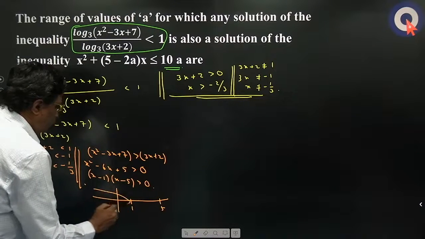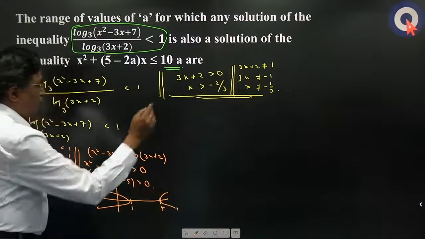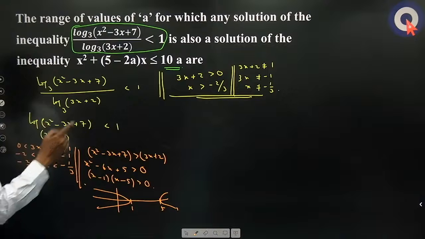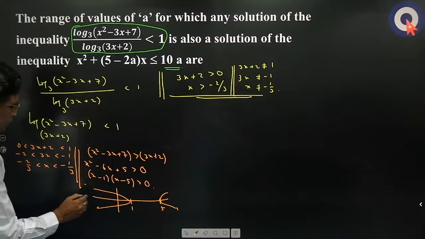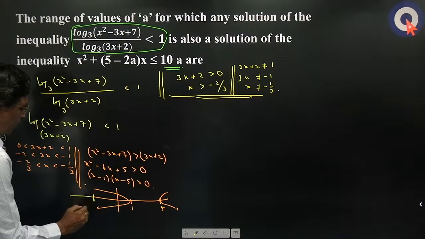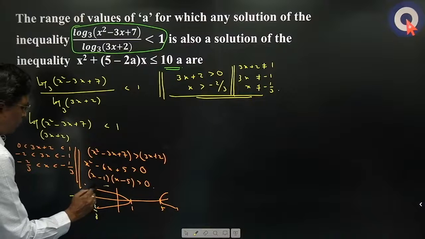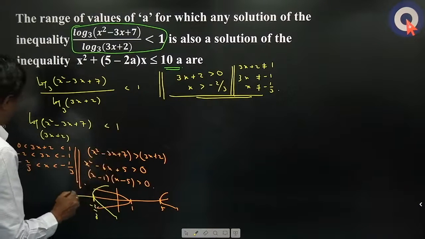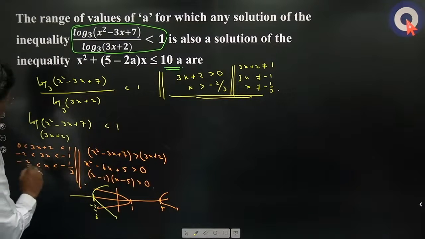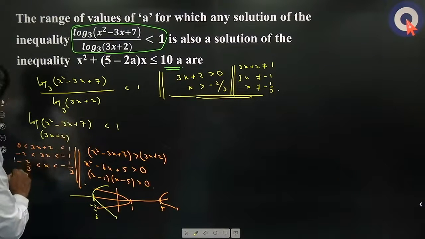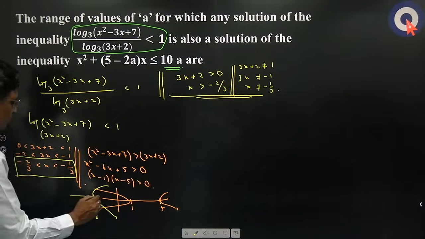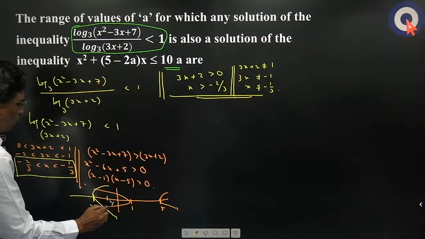Here, let us also look at our conditions. x has to be greater than −2/3 and it cannot be equal to −1/3. The second requirement is that x lies between −2/3 and −1/3.